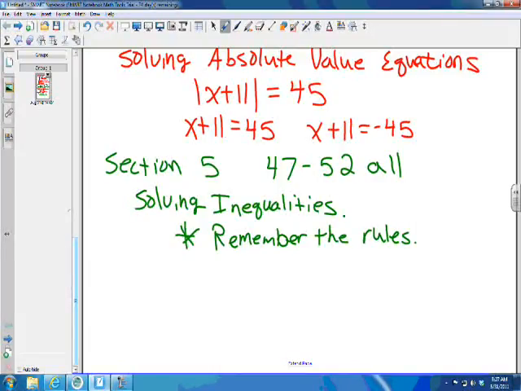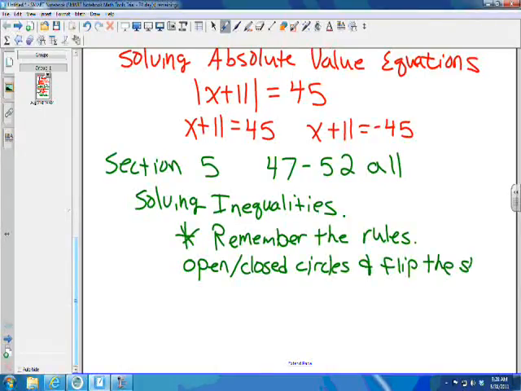Biggest thing for these inequalities is remember the rules. Open, close circles, and flip the sign. When do we flip the sign?